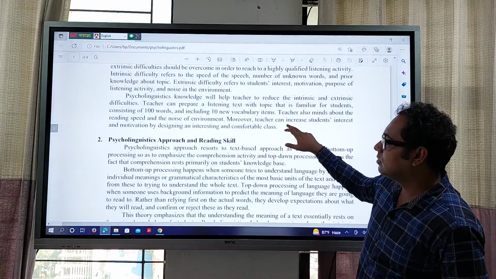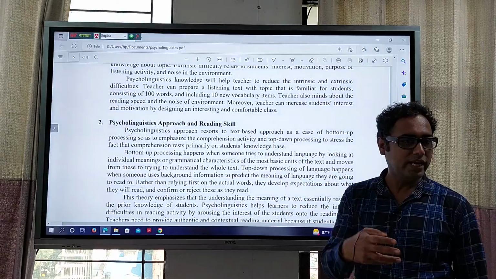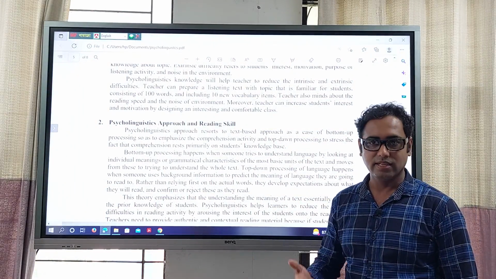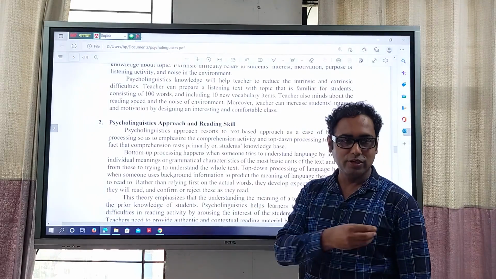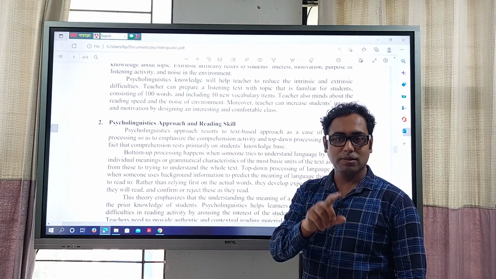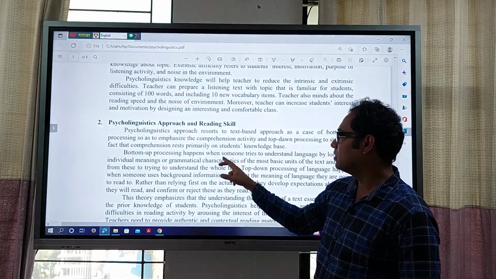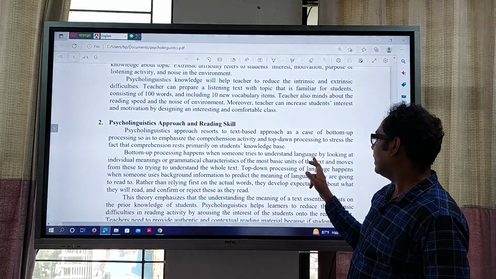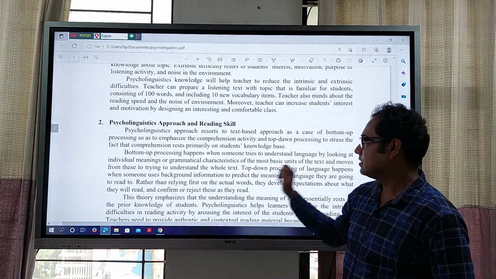Number 2, reading skill, text based approach. Already I have given you some reading task, and you were reading the text and went through it, and you understood that you have some pronunciation difficulties, some punctuation difficulties. This is called bottom up processing. It happens when someone tries to understand language by looking at individual meanings and grammatical characteristics.